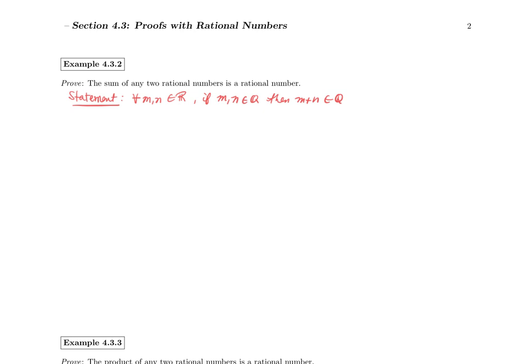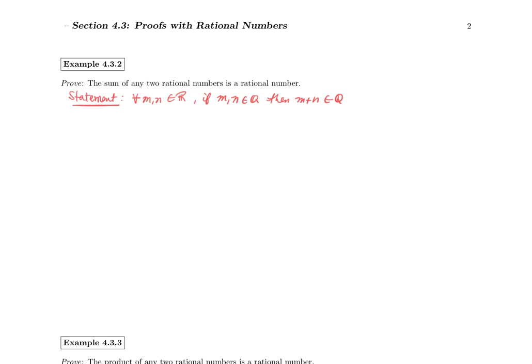But what happens here is if our statement for our conditional has that in the if part of it, in our hypothesis, if we have variables belonging to a set of numbers, be it integers or rationals, or maybe even an irrational number, then our domain should be the larger set. So it should be the widest set that we can look at.